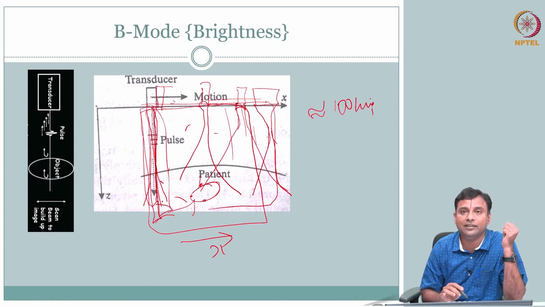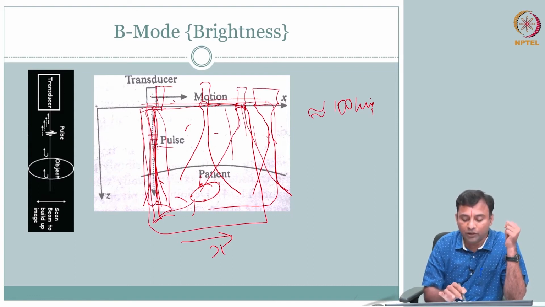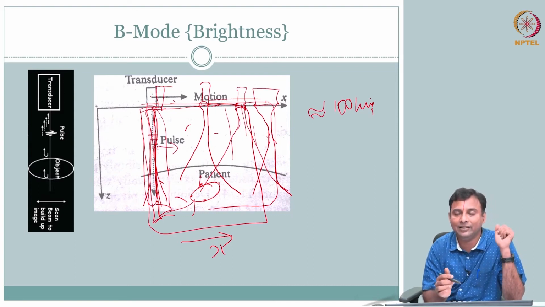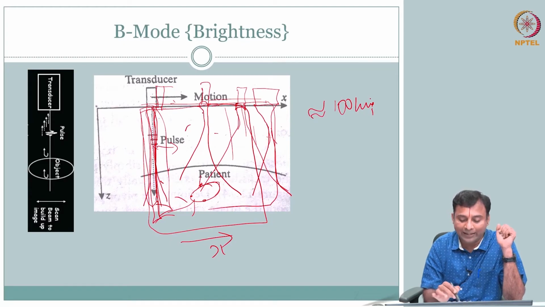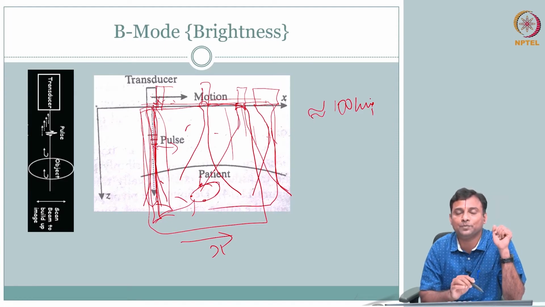If I want good resolution in the lateral direction, I have to have as narrow a beam as possible and step as finely as possible. All that is going to take more pulses.